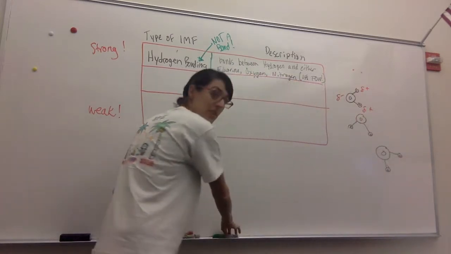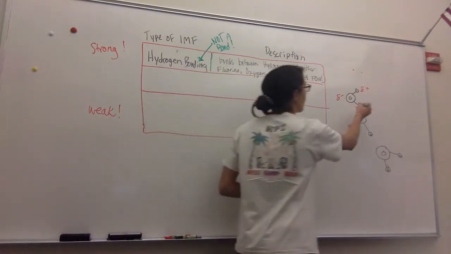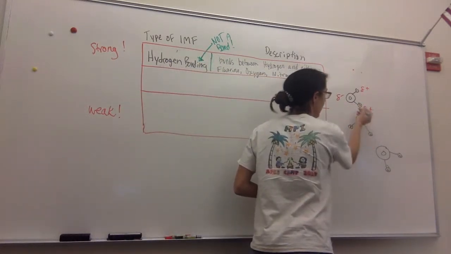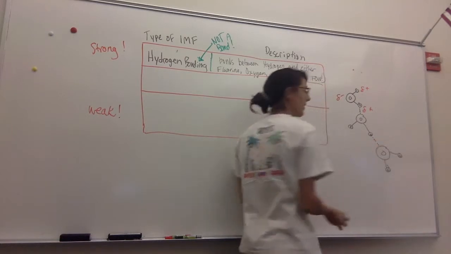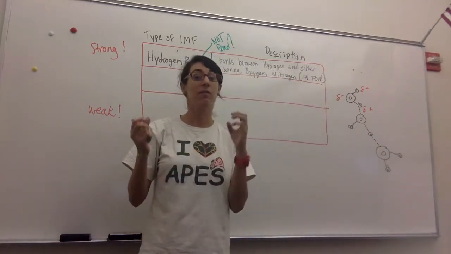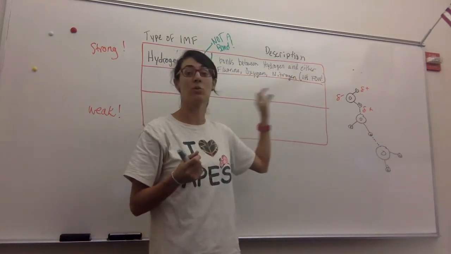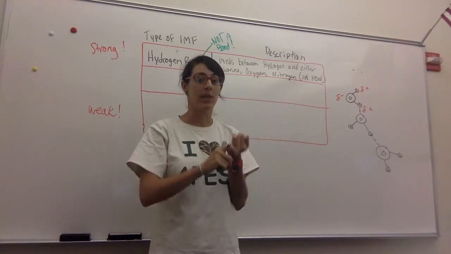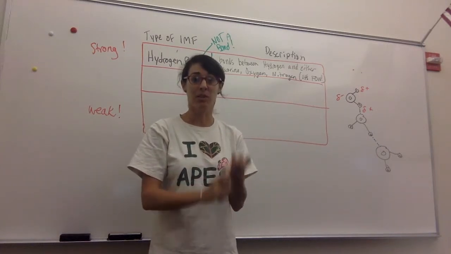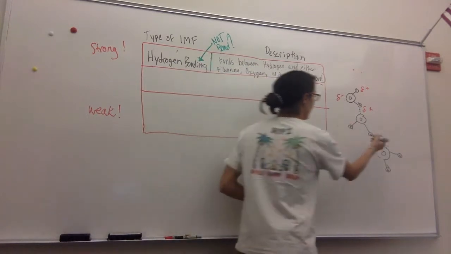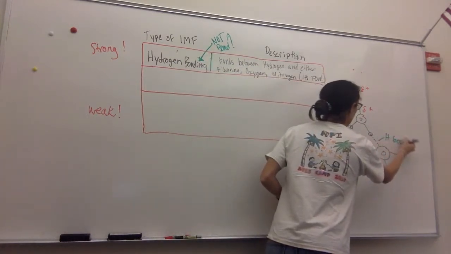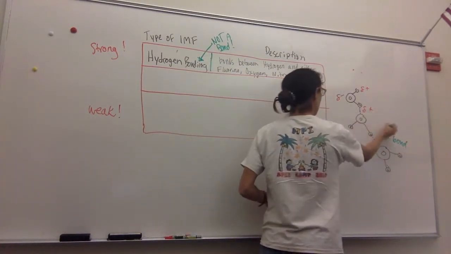So the hydrogen bonds, a lot of times, are just little dotted lines. So that's a hydrogen bond. That's a hydrogen bond. So it's the forces that attract one molecule to another only when it's between hydrogen and either oxygen, fluorine, or nitrogen. So hydrogen bond right there and right there.